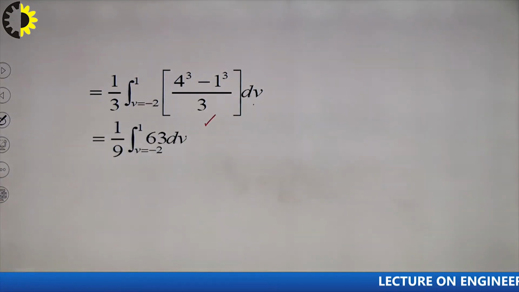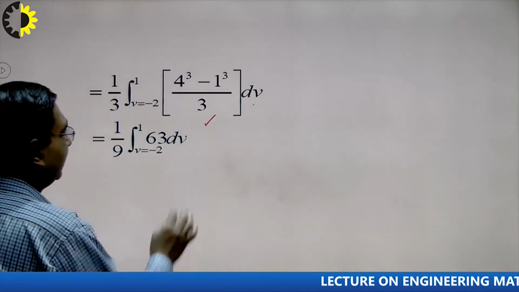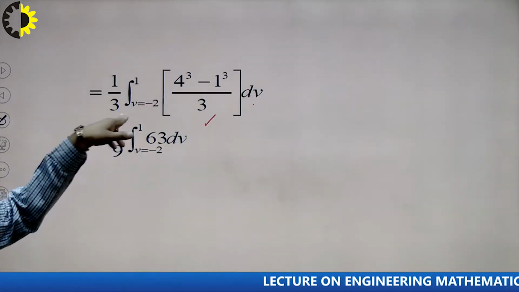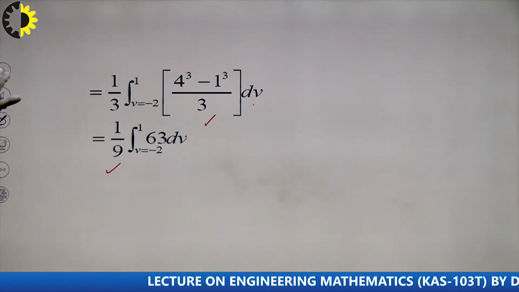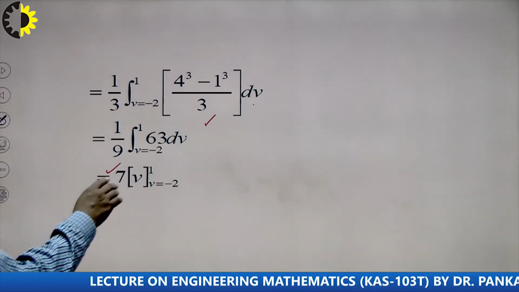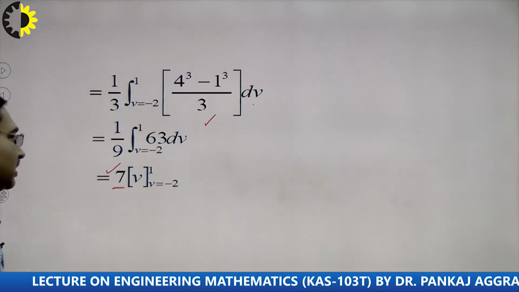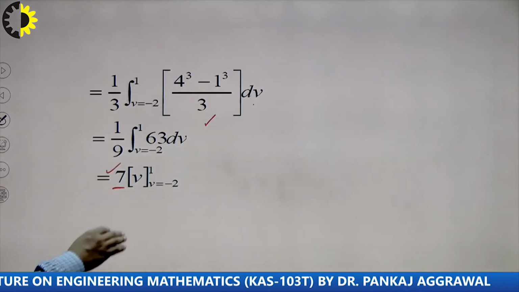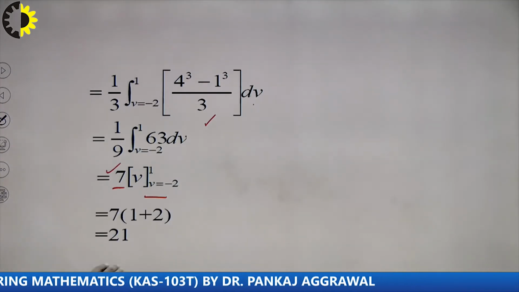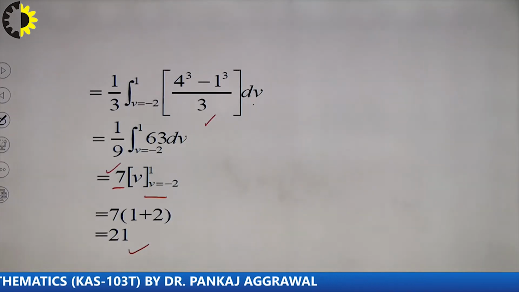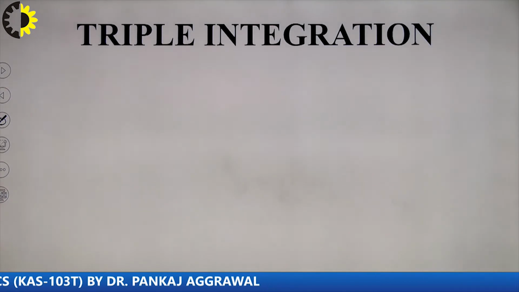Then it will become 64 minus 1, that is 63. 1 upon 3 again outside, it will be 1 upon 9. This 63 will be converted to 7 after cancellation, and applying the limits of v after integration, I obtain the value of this double integral as 21.